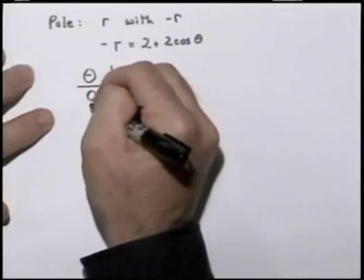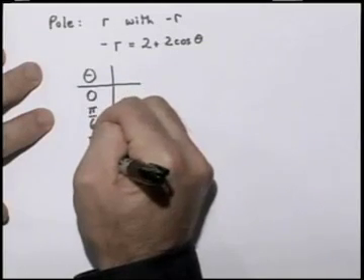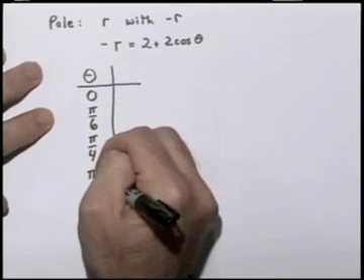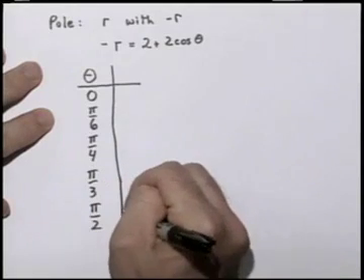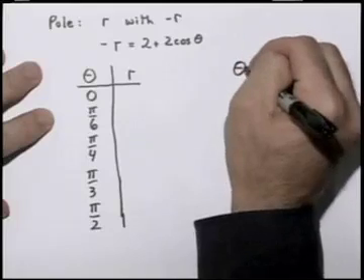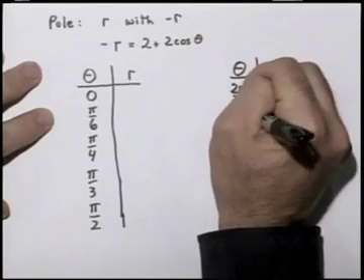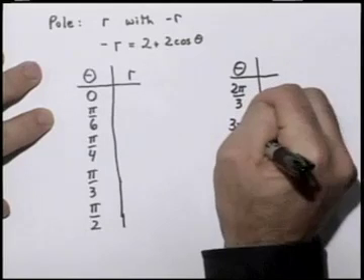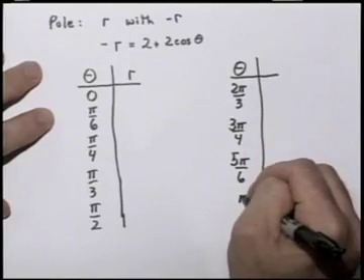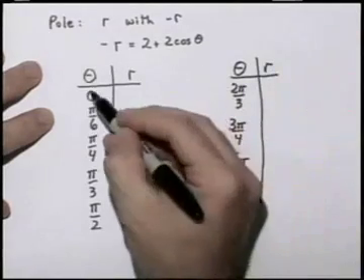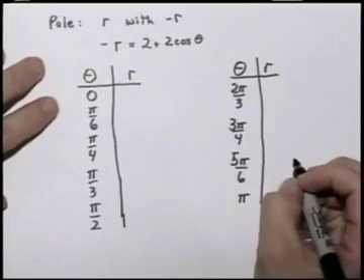So for example, I'm going to choose 0, pi over 6, pi over 4, pi over 3, pi over 2, and then I'll also choose 2 pi over 3, 3 pi over 4, 5 pi over 6, and pi. You should notice that these are the key angles whose exact values we know, and that's why I'm choosing them.